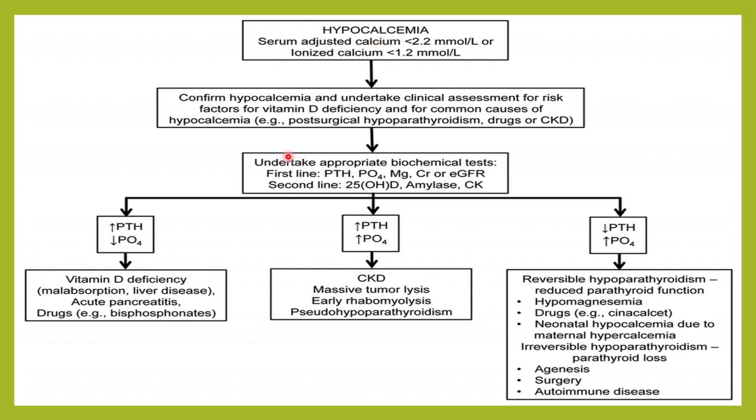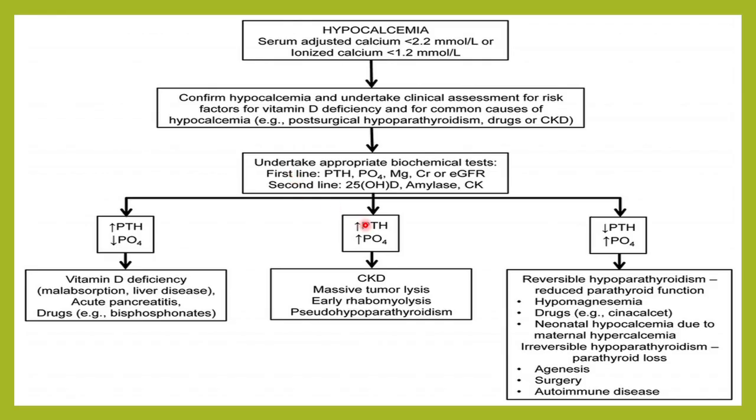The first line of testing would be parathormone, phosphate, magnesium, creatinine, and the estimated GFR. The second line of testing would be vitamin D, amylase, etc. So based on all these parameters, we will approach a case of hypocalcemia.